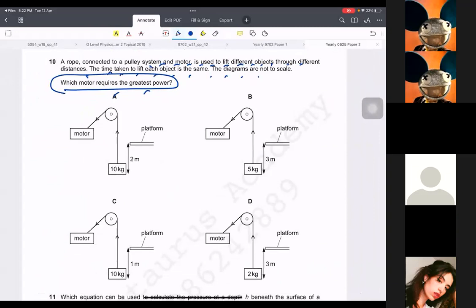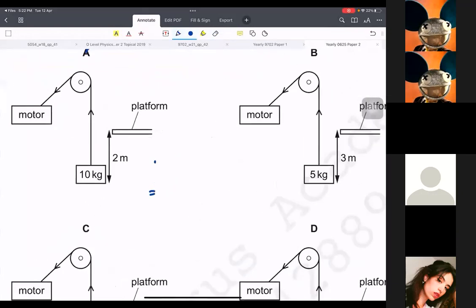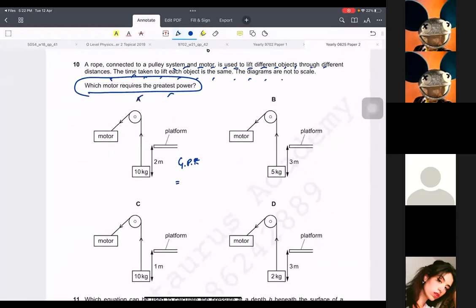So the motor that has to do more work. So in this, 10 into 2 into 10, you just use GPE, right? So 200.